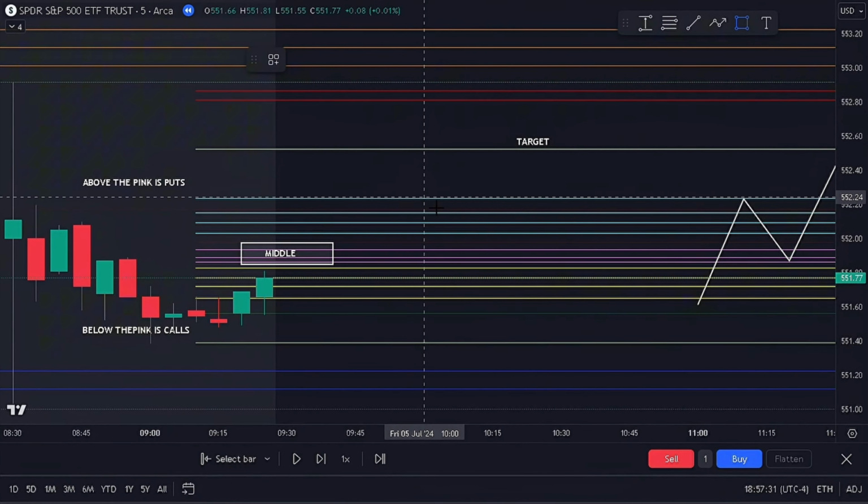Anything that has 2, 3, or 4 of the same color is going to be an entry zone. Above the pink, we got the blue. Below the pink, we got yellow. Above these blues, we got 2 reds.